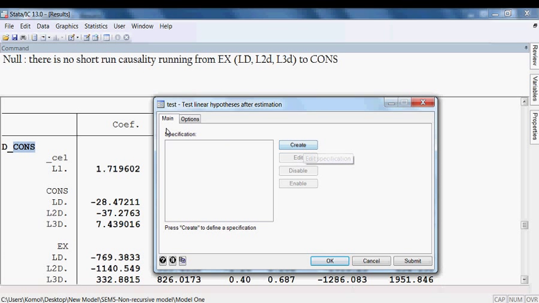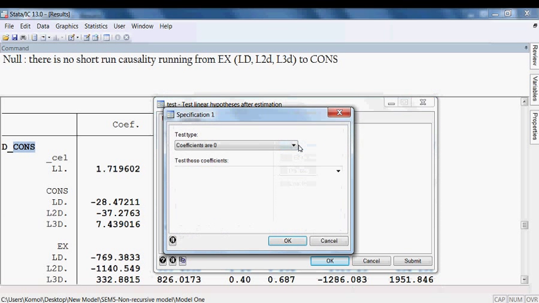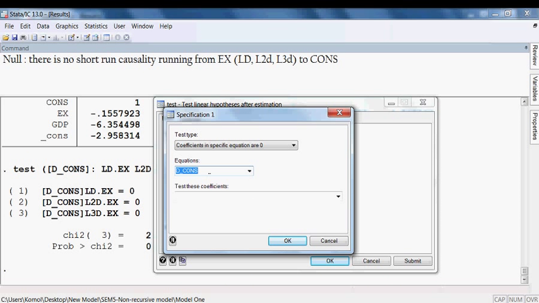Okay, create a new specification. I create. As before, I select this one, and our equation is d cons. So that is our target variable or our target model.